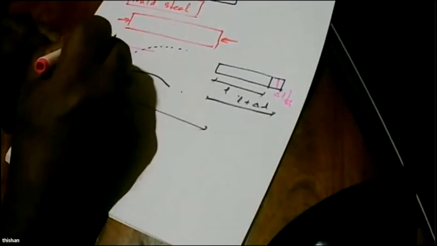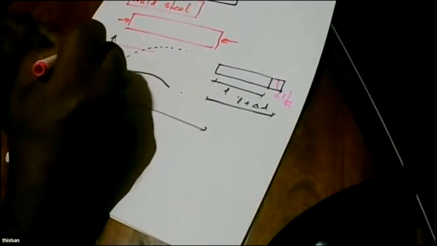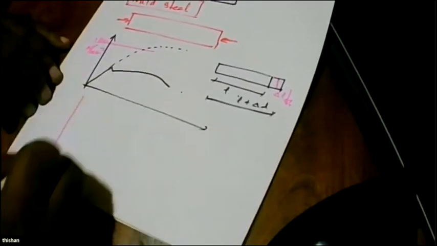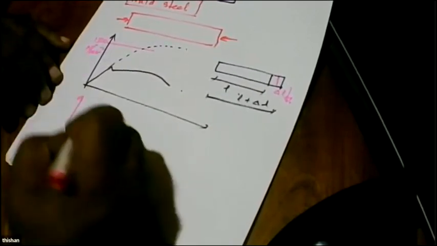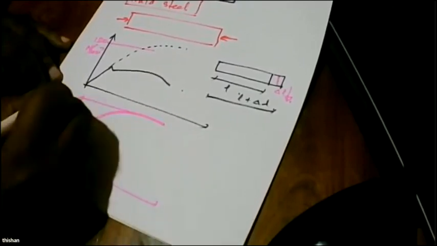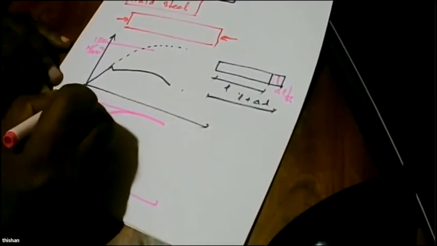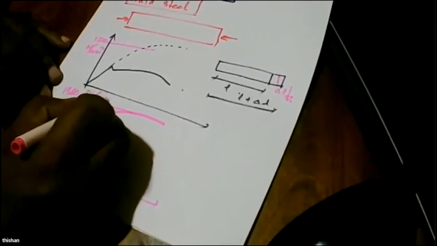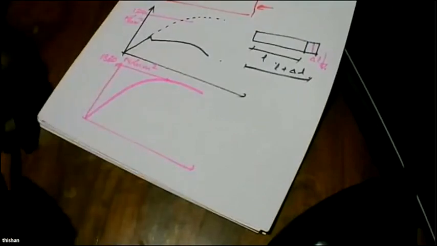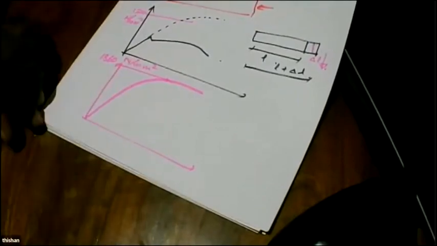So initially they went for something like 1,500 newtons per millimeter squared, and today we have steels going up to 1,860 megapascal.